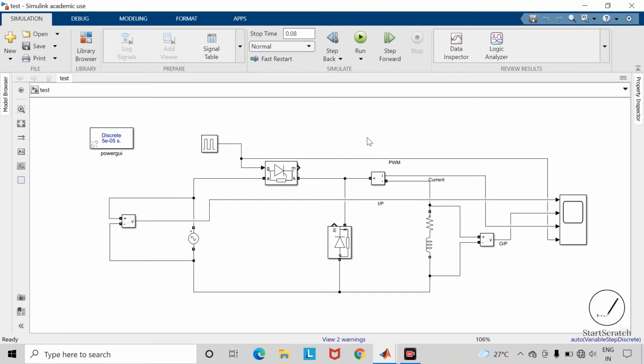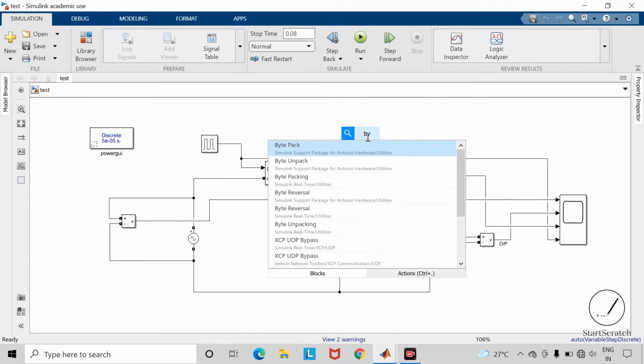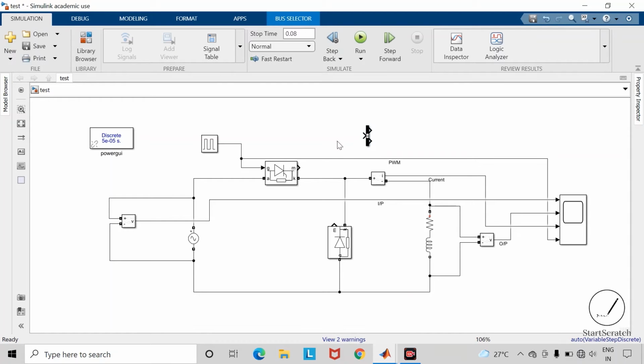So for that, take the bus selector block. Connect it to the measurement port of this freewheeling diode. Copy the scope block.